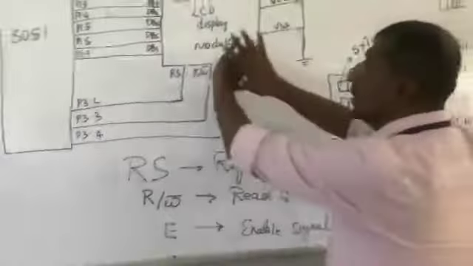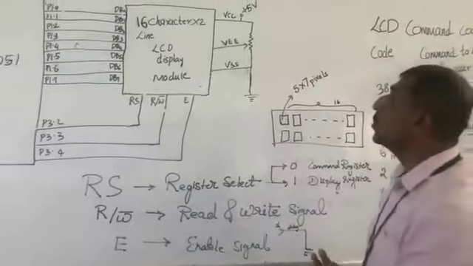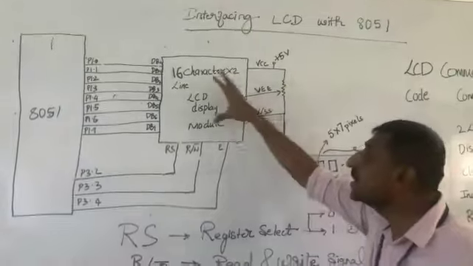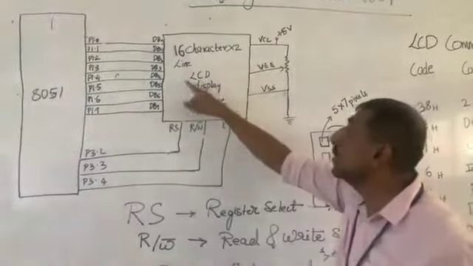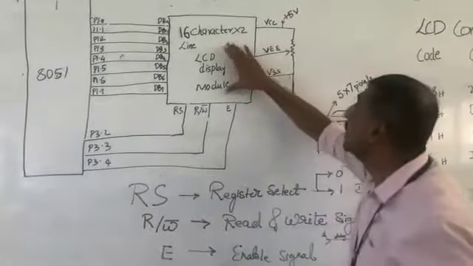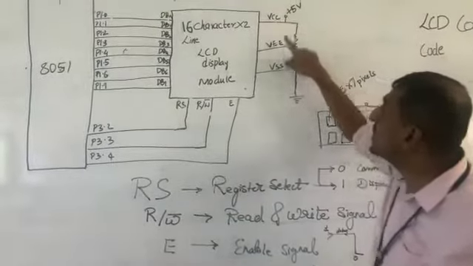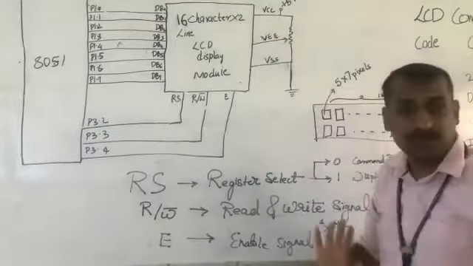So this is how the overall setup is, and apart from that, you should also know that for the LCD to work, since it's again a digital display that we are talking about, the one which gets displayed through pixels, you need to provide a 5 volt supply through VCC and VSS. VSS will be ground, VCC will be plus 5 volts.